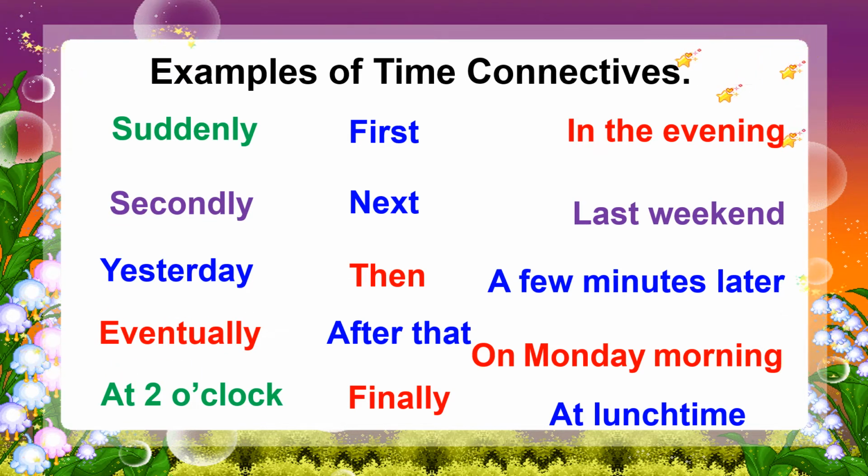These connectives often appear at the beginning of a sentence, which may also be at the beginning of a paragraph. They are called time connectives.